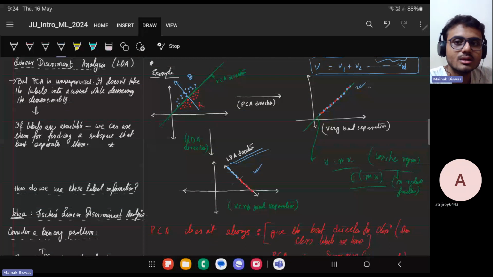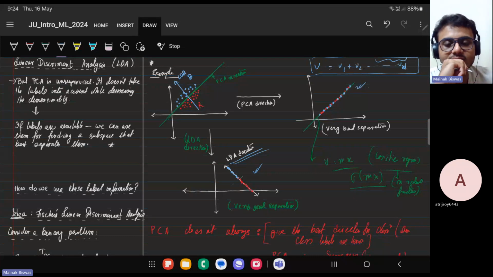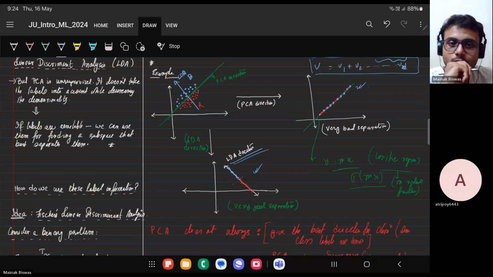But if I in turn tell you this is the LDA direction, I like this direction better, then it separates the data automatically. But the variance may not be maximal in that direction. Exactly. It may not be maximal, but it will serve the purpose of separating the data. Do you agree?